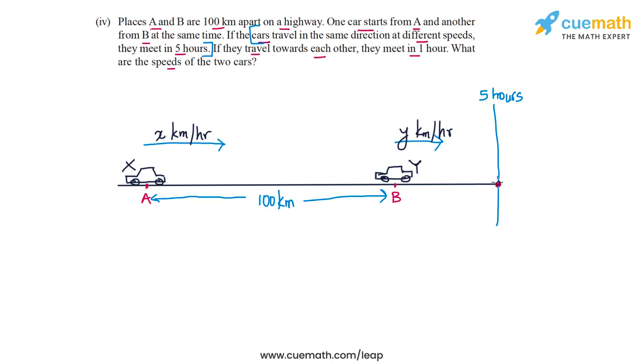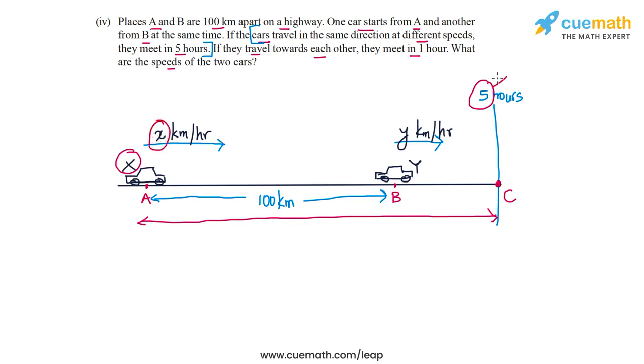So let's call the point at which these two cars meet point C. What will be the distance of point A from point C? This will simply be the distance that car X travels in 5 hours, because they meet up after 5 hours. The speed of car X is x kilometers per hour and the time is 5 hours, so the distance from A to C should be 5x kilometers, because distance is speed times time.